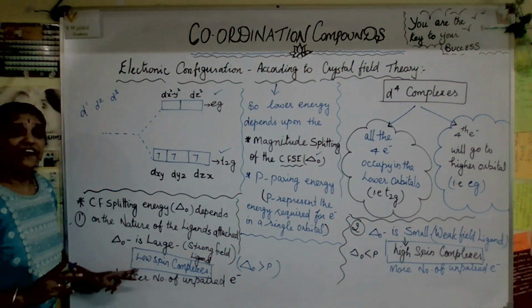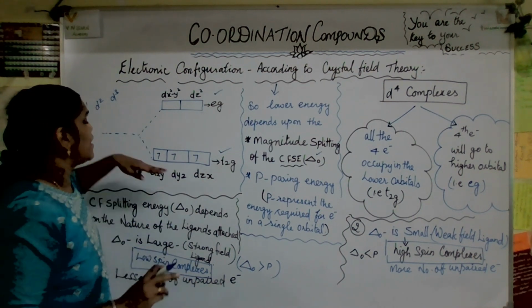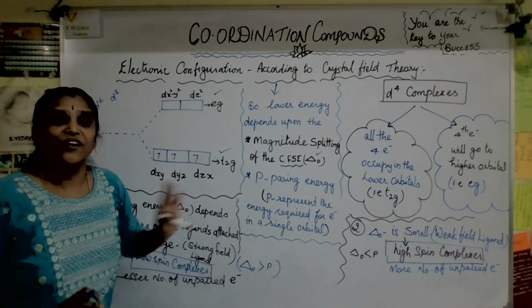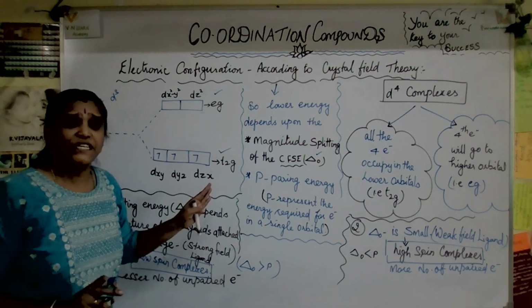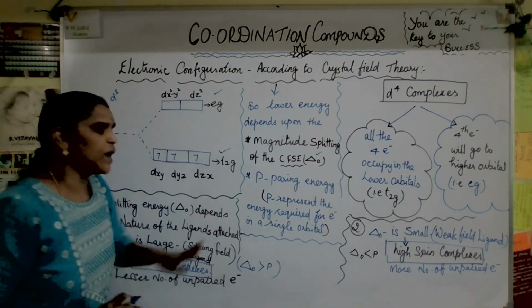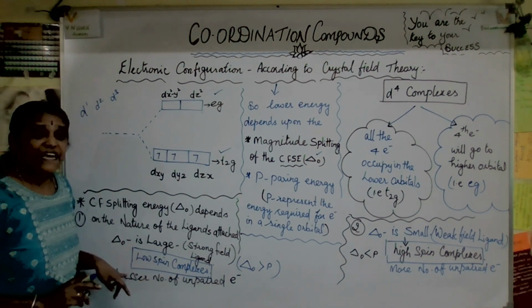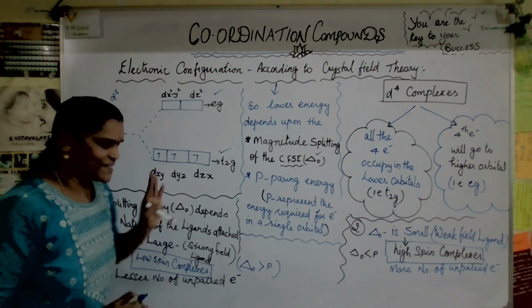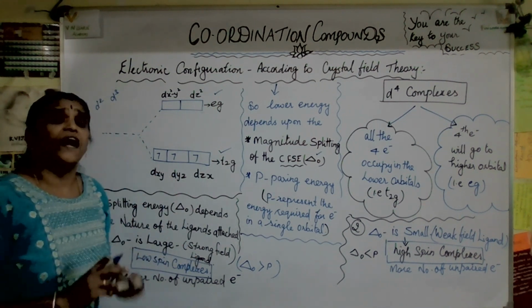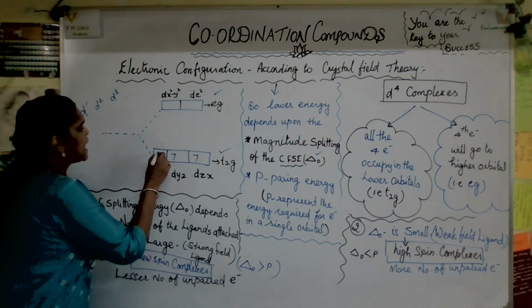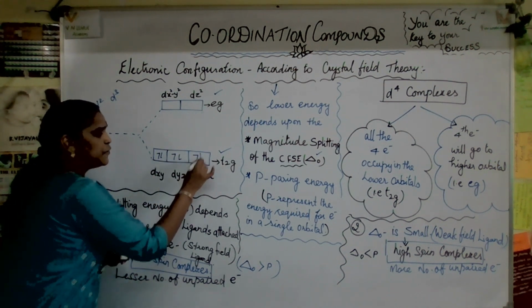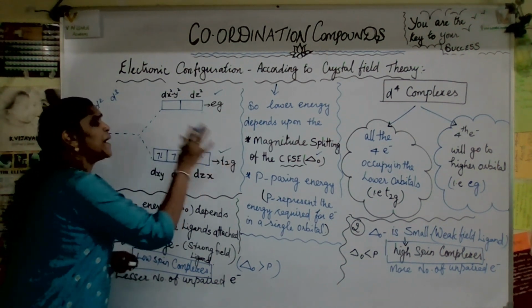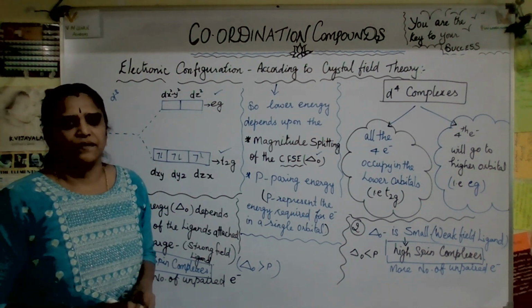So electrons will fill only in the lower level, so we can say it is a low spin complex, with a lesser number of unpaired electrons. Why? Because the electrons go and fill the lower level, so the number of unpaired electrons will be lower.